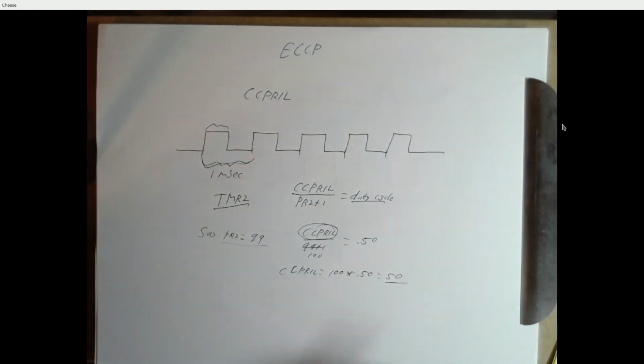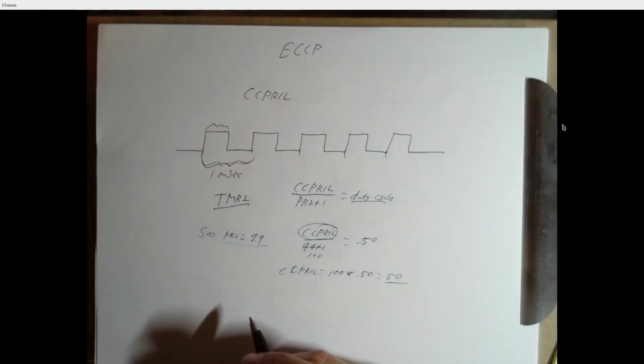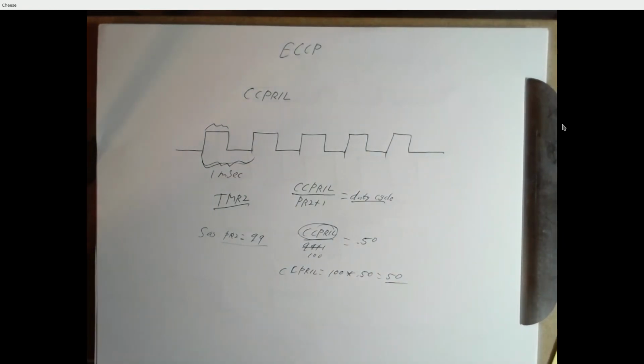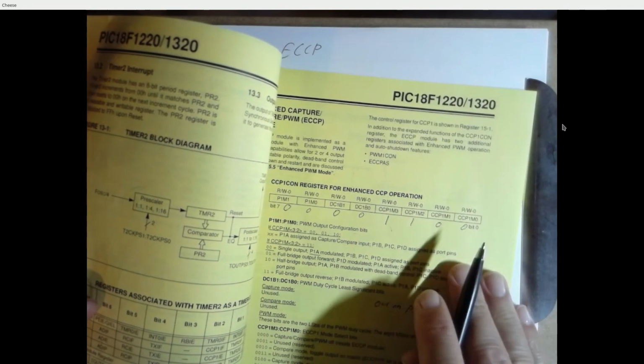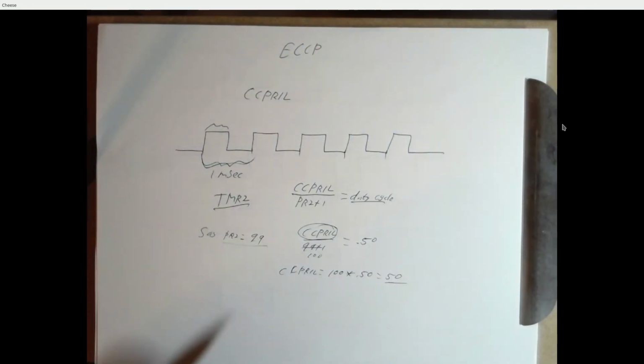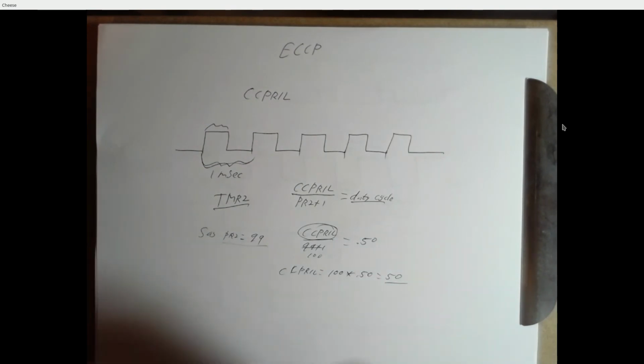That's really all you need to do to generate pulse width modulated output automatically using this module. You set up CCP1CON in the standard way, basically with 2 1s here and 0s everywhere else. You set up timer 2 in the usual way, using the T2CON register to turn on the timer and control the prescaler, and get that running.